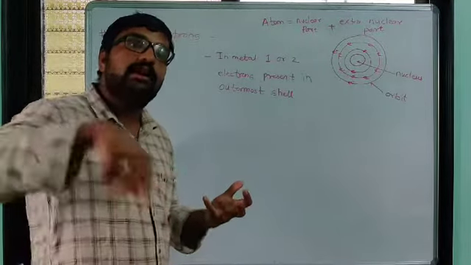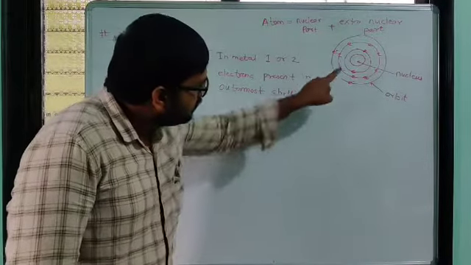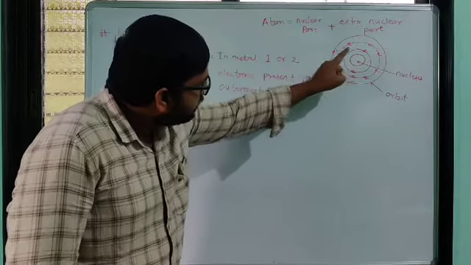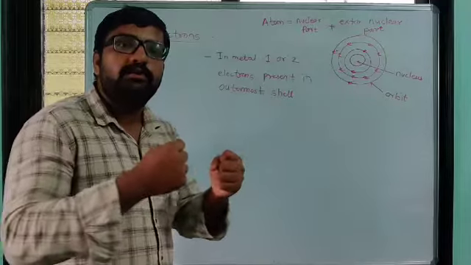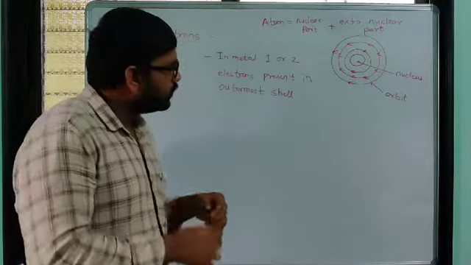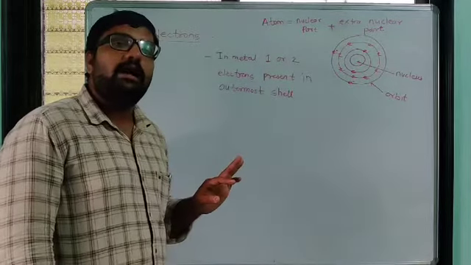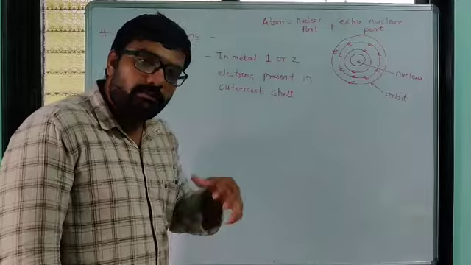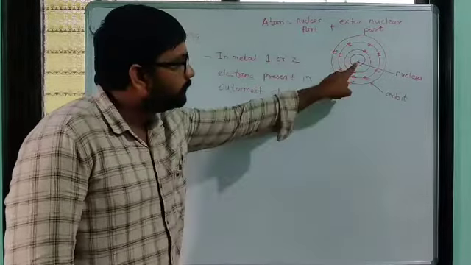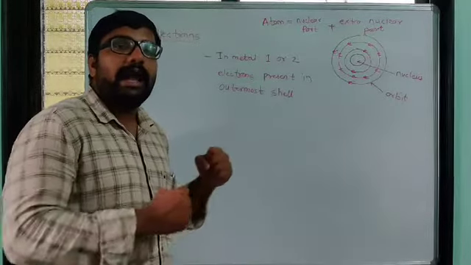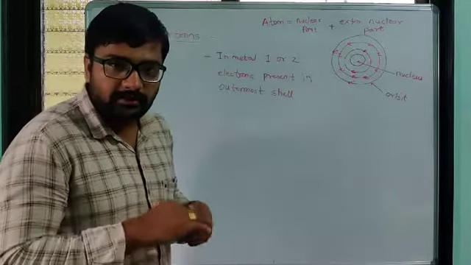Negatively charged electrons revolve around the nucleus, and this positively charged nucleus always attracts the negatively charged electrons, since positive and negative charges attract. But for these outermost electrons in metals, the attraction is not that strong as compared to other electrons.